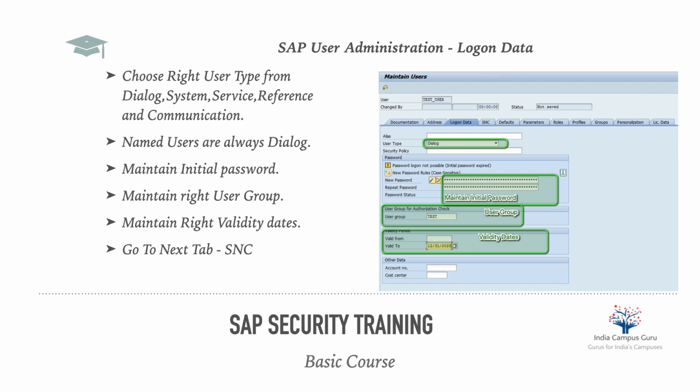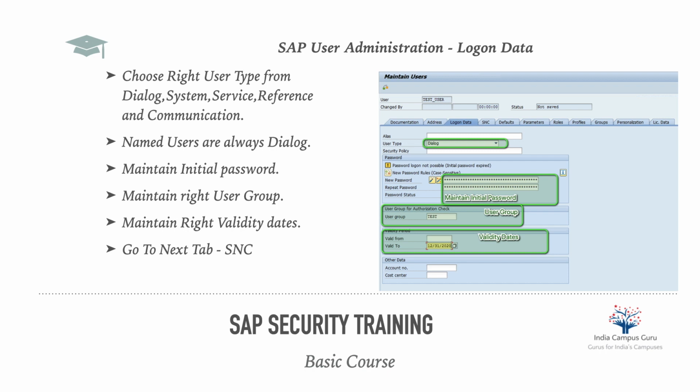But for today, just understand: maintain the user type, which is dialog, maintain the passwords, maintain the user group. The valid from and valid to dates drive whether a user can log in. If the valid to date is in the past, they would not be able to log in.